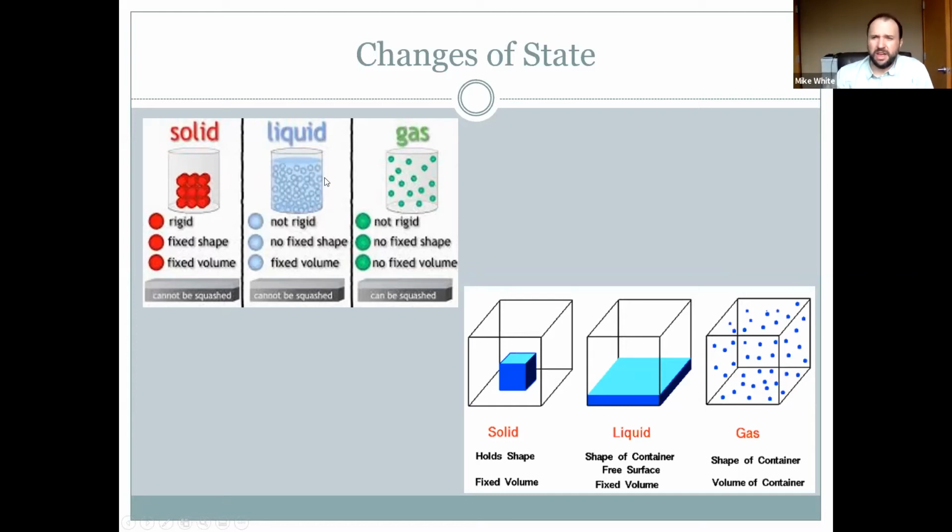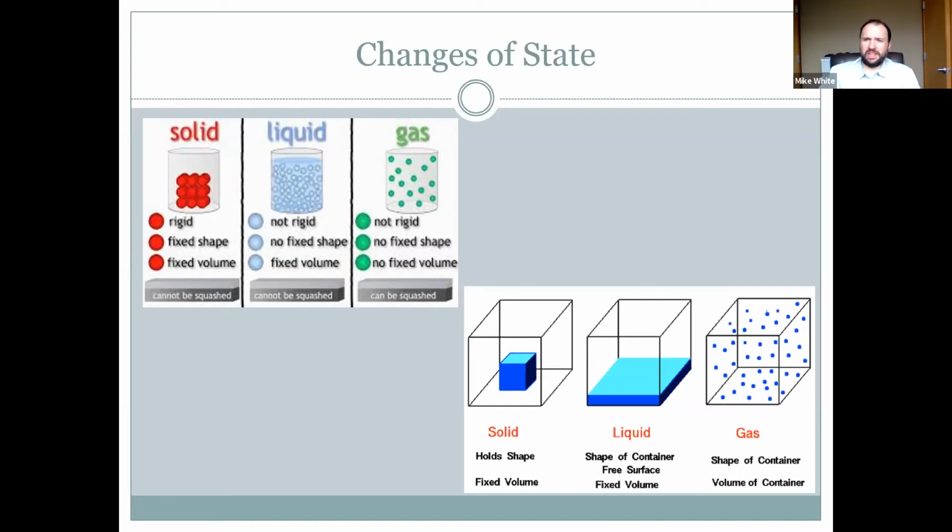Typically, when you have a material in its solid state, the particles, and when I'm talking about particles, I mean these little bits, the little red dots, right, are all closely packed together, so more dense, not moving around, and not changing shape.